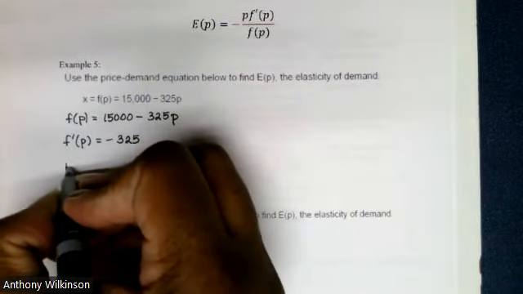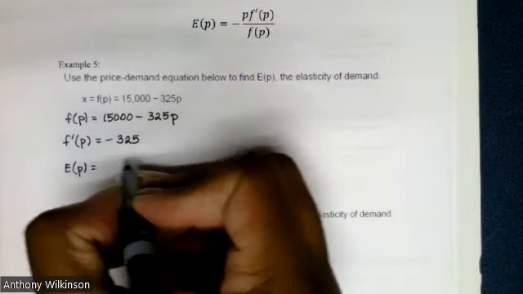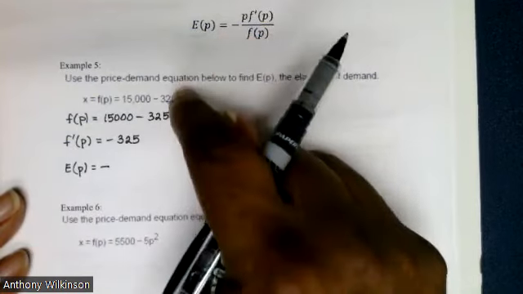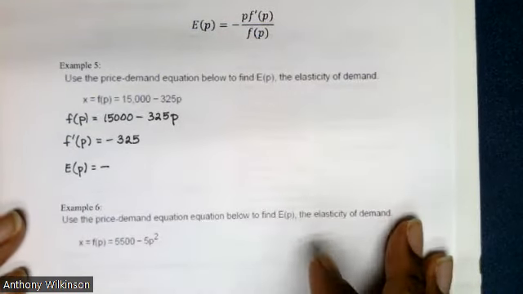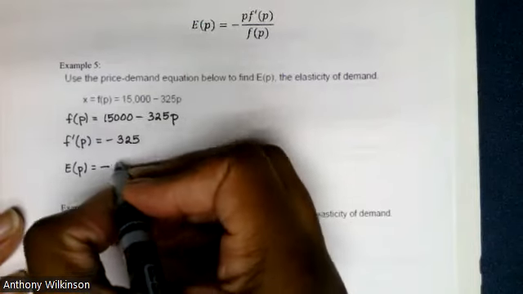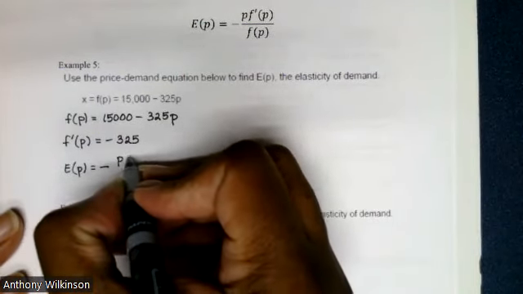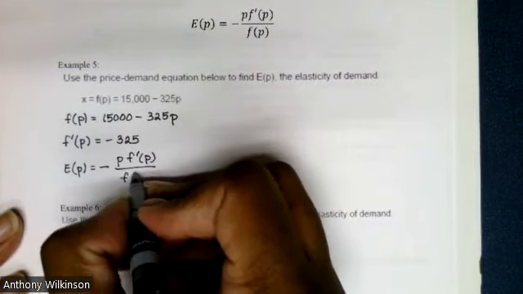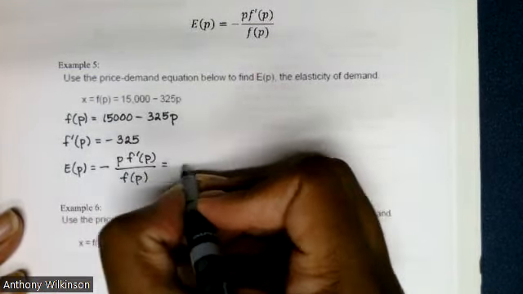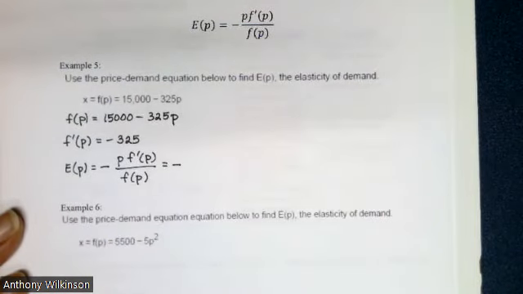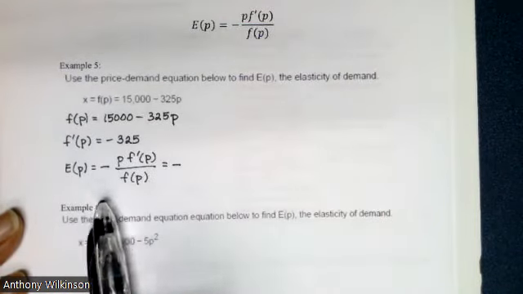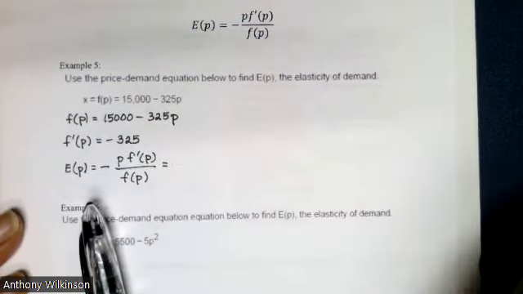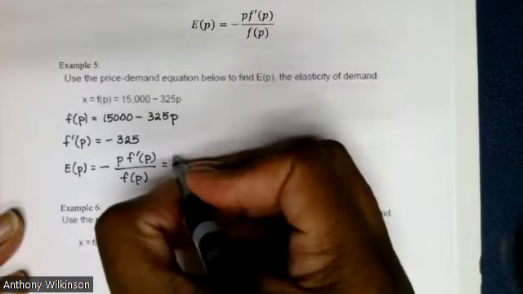And from that, we can find out what E of p is. That's equal to negative, and don't forget about that negative sign here, because that is part of the elasticity formula. Negative of p times f prime of p divided by f of p. So bring the negative sign over. And if you want to, you can put the negative with that p there, because if I did it that way, it's going to mean the same thing.